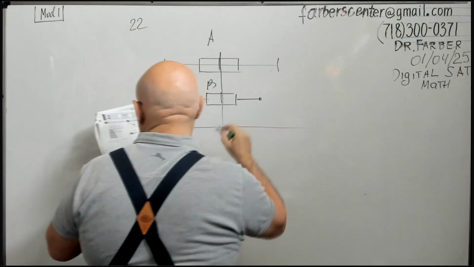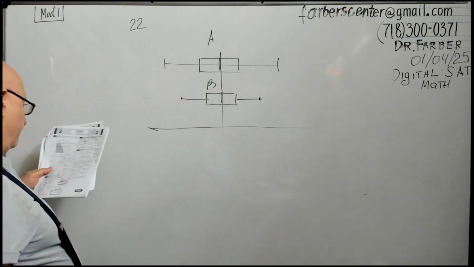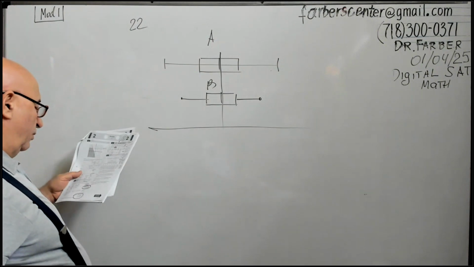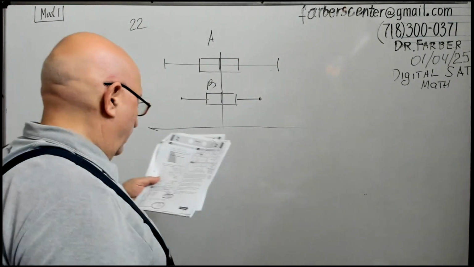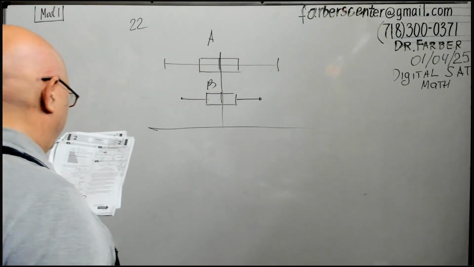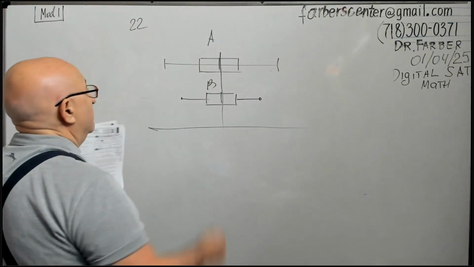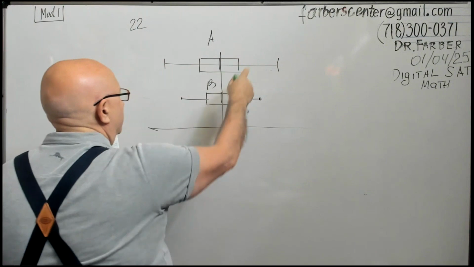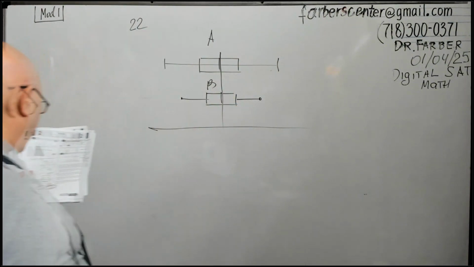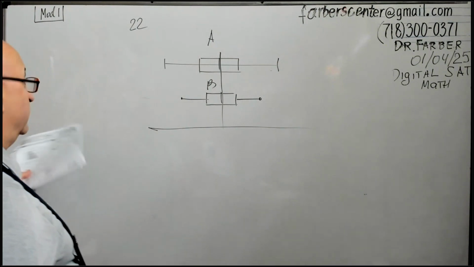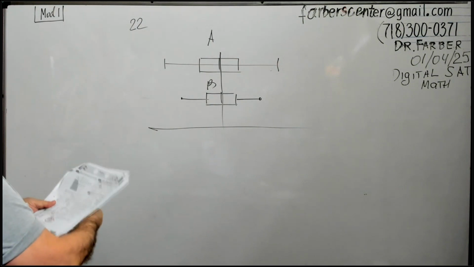You can even see this median, it's like 75, more specifically in your handouts. Look at this handout. But standard deviation, what is standard deviation? It's a wider spread of data, right? The standard deviation of class A is greater than the standard deviation of class B. Straightforward, box and whisker. So the answer is B as in boy.